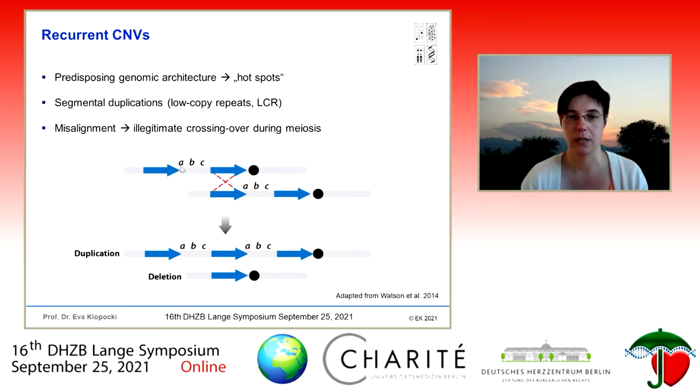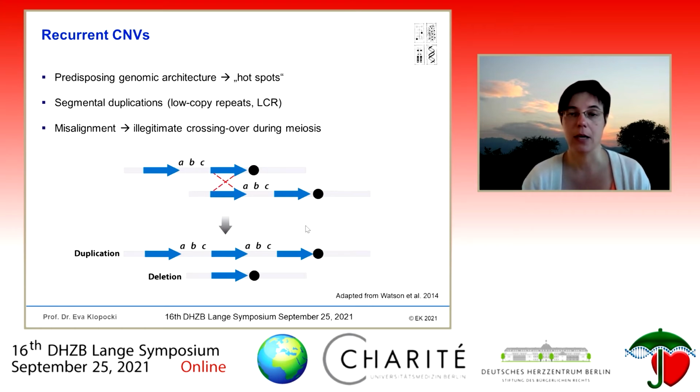As you can see in the scheme down here, this recombination can lead to either a duplication of this region or a deletion. And these recurrent CNVs have identical breakpoints because of the low copy repeats, and they have identical sizes. So these are the genomic disorders.